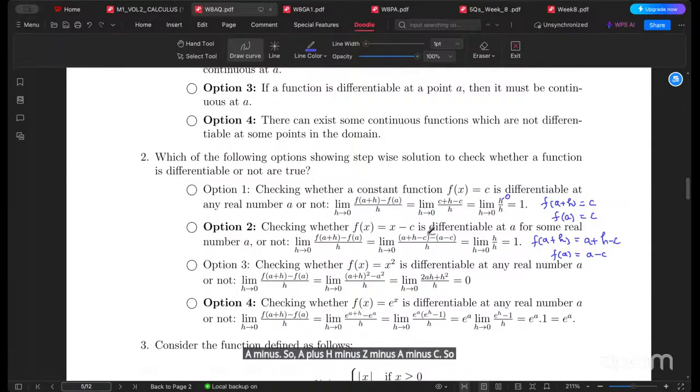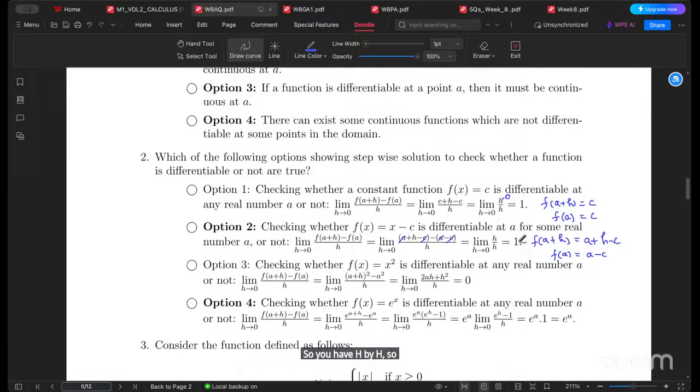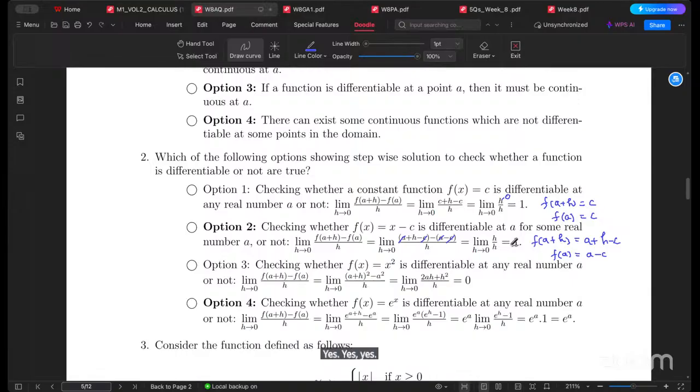Your a and a are going to get cancelled, your c and c are going to get cancelled, and you will have just h remaining. So you have h by h, which is 1. Everything here is fine. Here h by h we can cancel, so as limit h tends to 0, 1 will be left. That's why the answer is 1. Okay, fine, this is fine now.